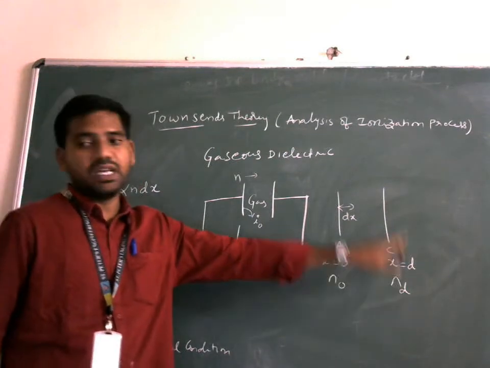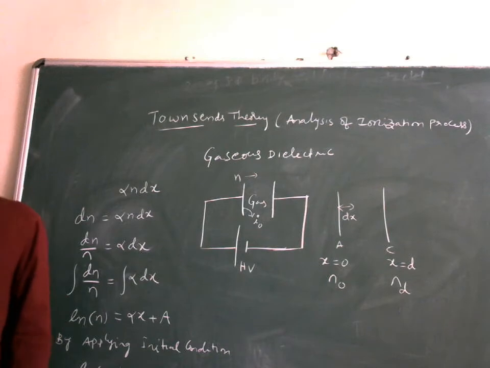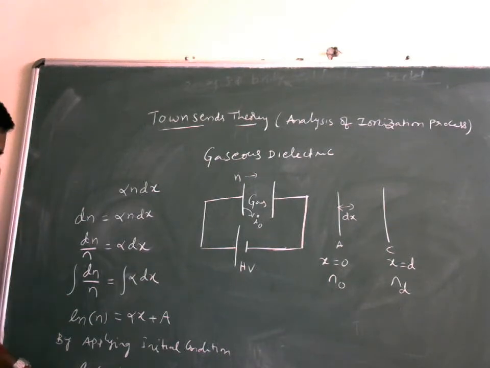When x is equal to d, nd electrons will be there. Now we can write this: ln of n naught is equal to A.